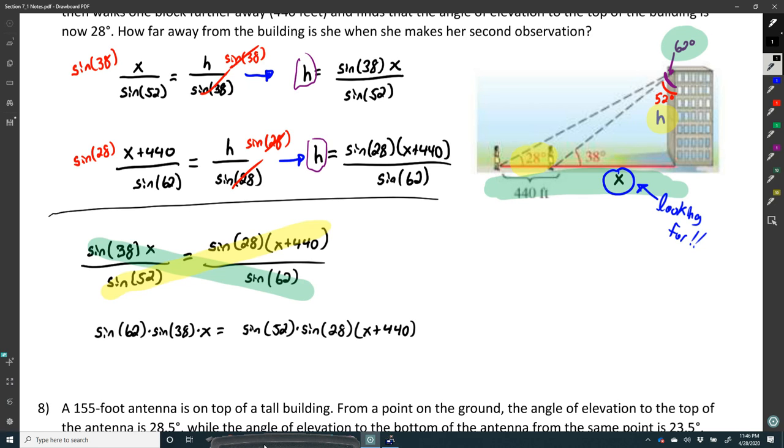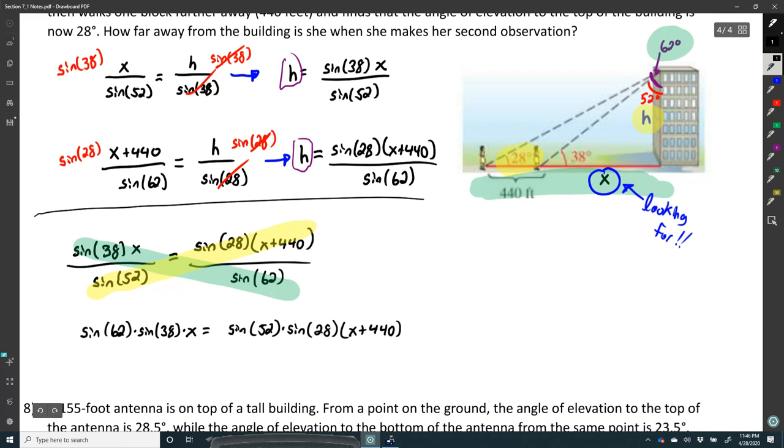Gross. Okay, so I want to solve for x. One thing I can do is distribute it.